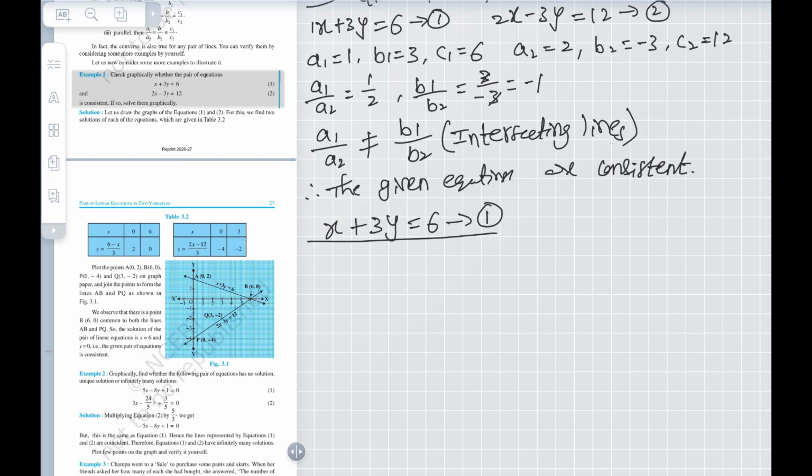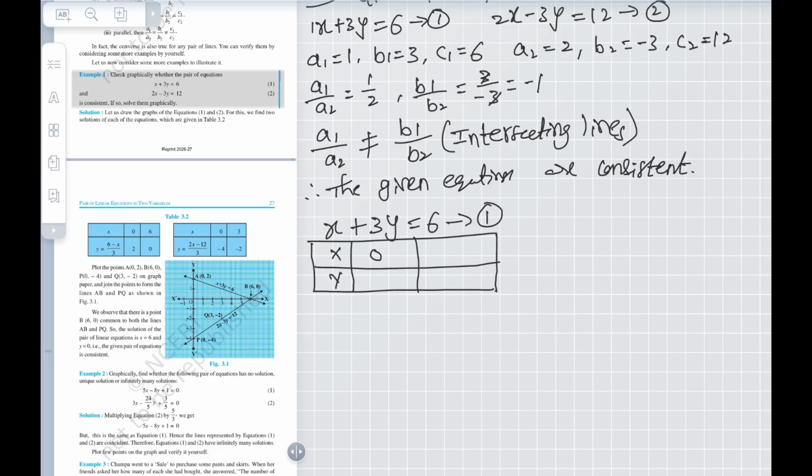You need to find only 2 points, that is enough. It is up to you what to take as the value of x and of y. There is no restriction. So I take x value 0.